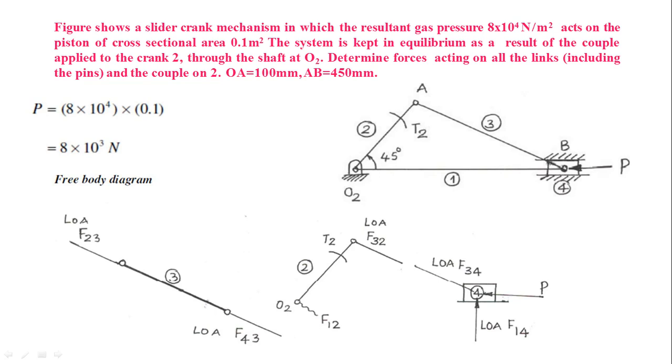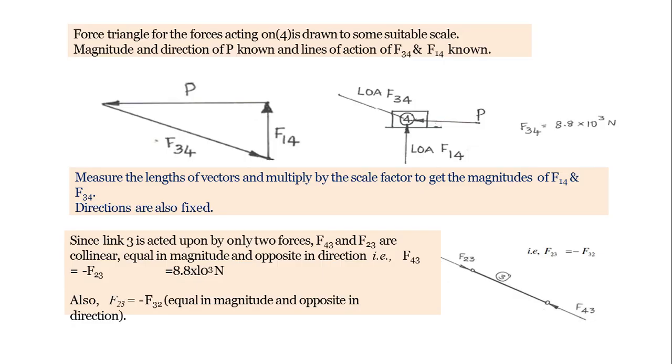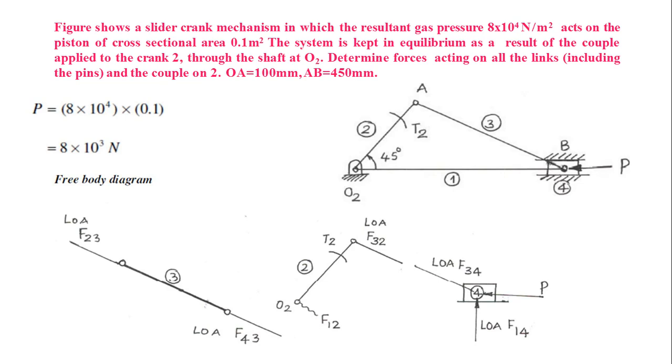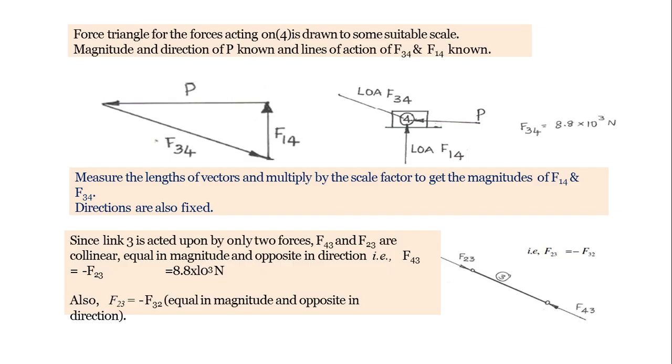So when you take a polygon, you will get a triangle for these three forces, P, F14 and F34. That is being shown here, the triangle. P is already known to you, that is 8 into 10 to the power of 3 newtons. Take a suitable scale, and when you draw P, F14 and F34 follow from the intersection point, and from there you can calculate F34 and F14.